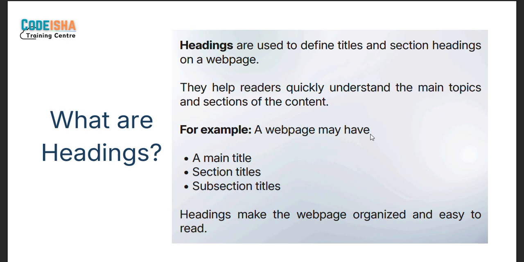Headings make the web page organized, user friendly and easy to read, and it is easy to tell which part is the heading and which is the content. For that we use heading tags.